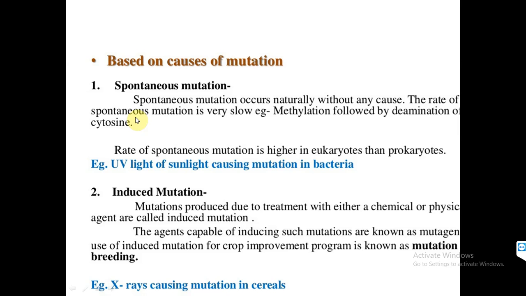You must have heard of some disease resistant crops, like BT cotton and BT brinjal. All these are crops that are being improved by using mutagens, and they are being made resistant to diseases by using some chemical agents, and these chemical agents are called mutagens.